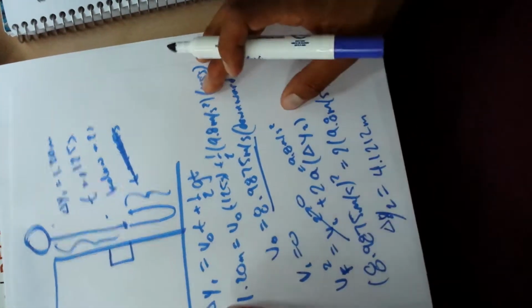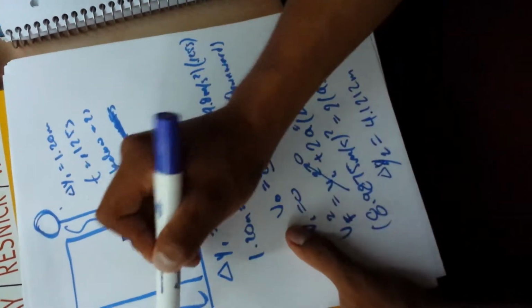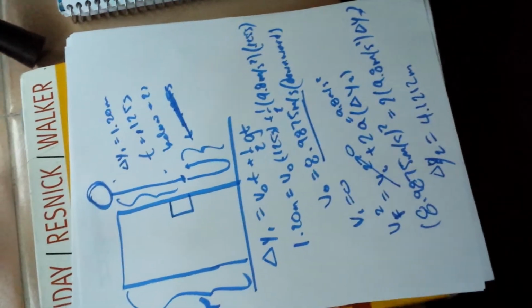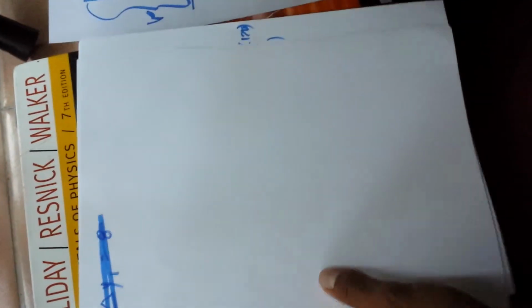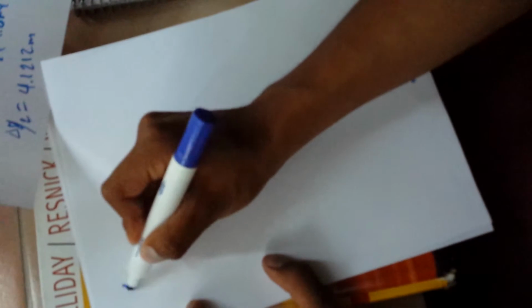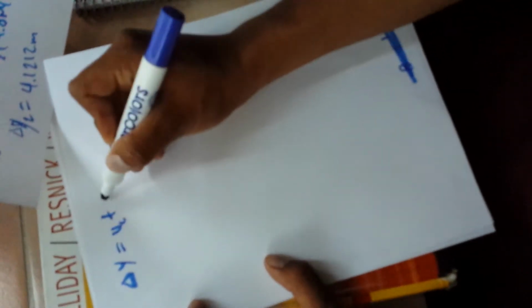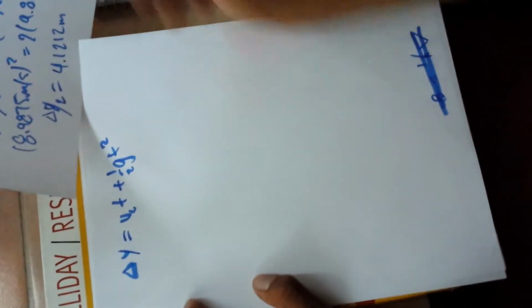Now, going back to this, let's solve for the total height from there. Let's call this h. From the equation that we used previously, delta y equals v initial t plus 1/2 g t squared, we can use this to find the total distance.